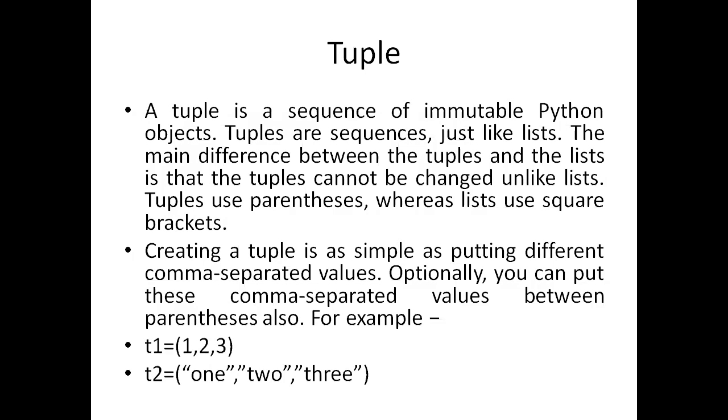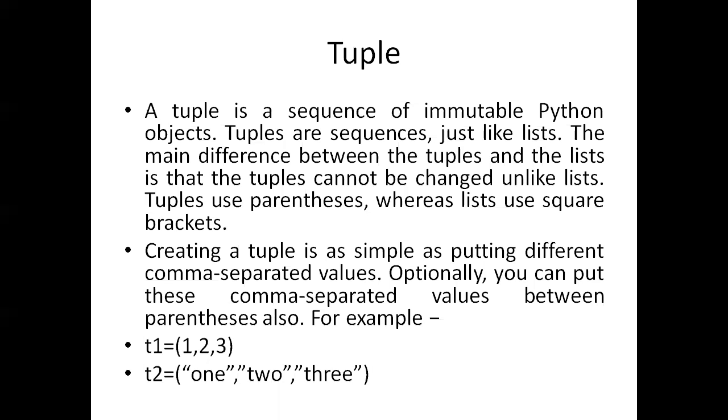But the only difference between tuple and list is you can't change elements in a tuple. It is an immutable object. It is also an interview question. They will ask you to tell the difference between tuple and list.